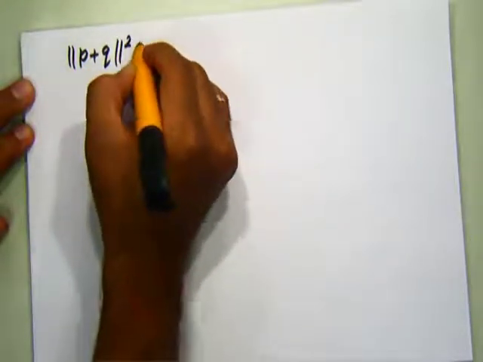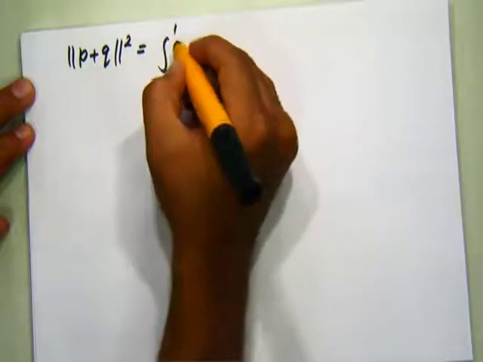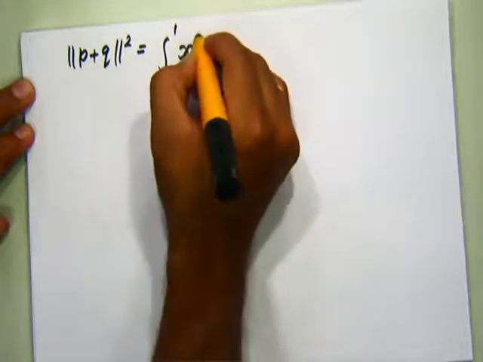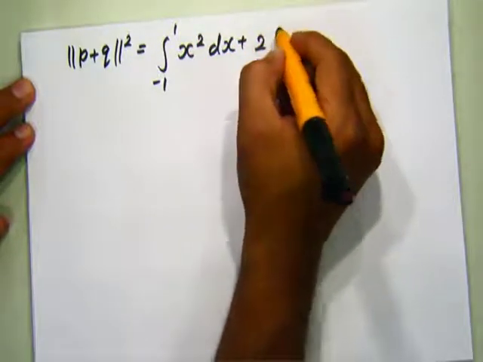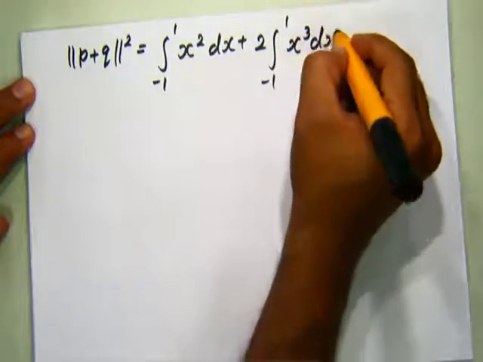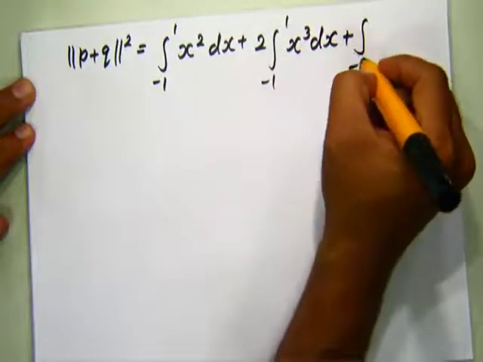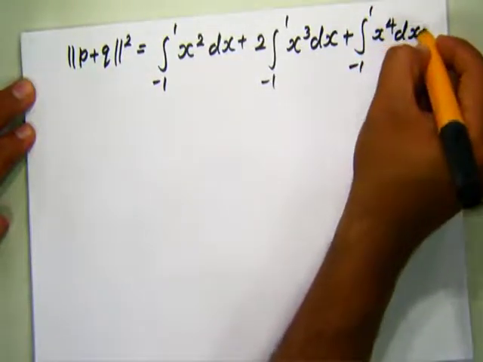Now how can we find this integration? That is norm of p plus q whole square. If we separate this integration over addition, then it is the integral of x square dx, plus 2 outside, the integral from minus 1 to 1 of x cube dx, plus the integral from minus 1 to 1 of x raised to 4 dx.